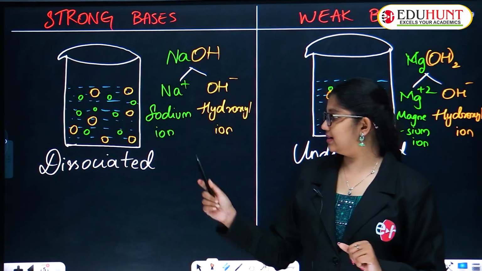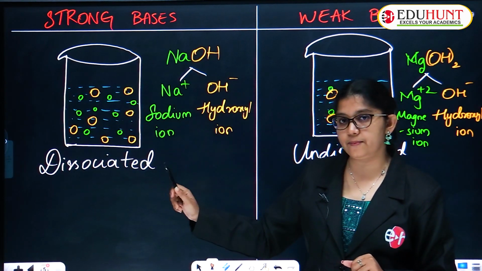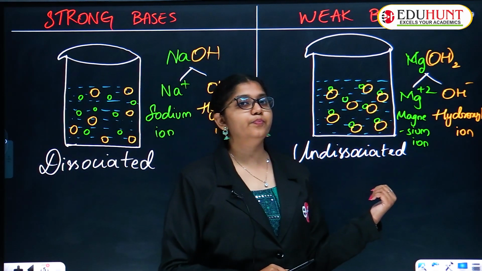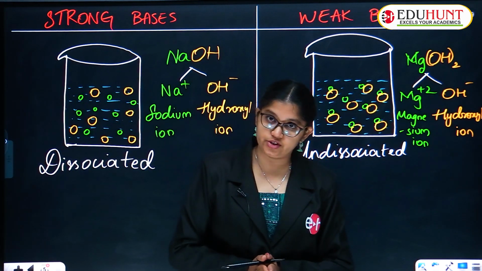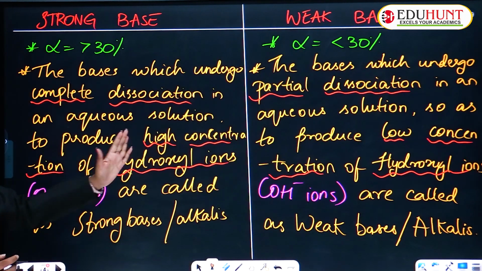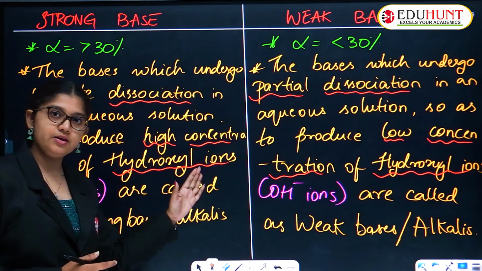We should definitely take an aqueous solution, children. In that only can the strong bases happily dissociate. But weak bases will undergo partial dissociation. Clear? Now, we'll move to the previous page. Did you observe this? Weak base and strong base.